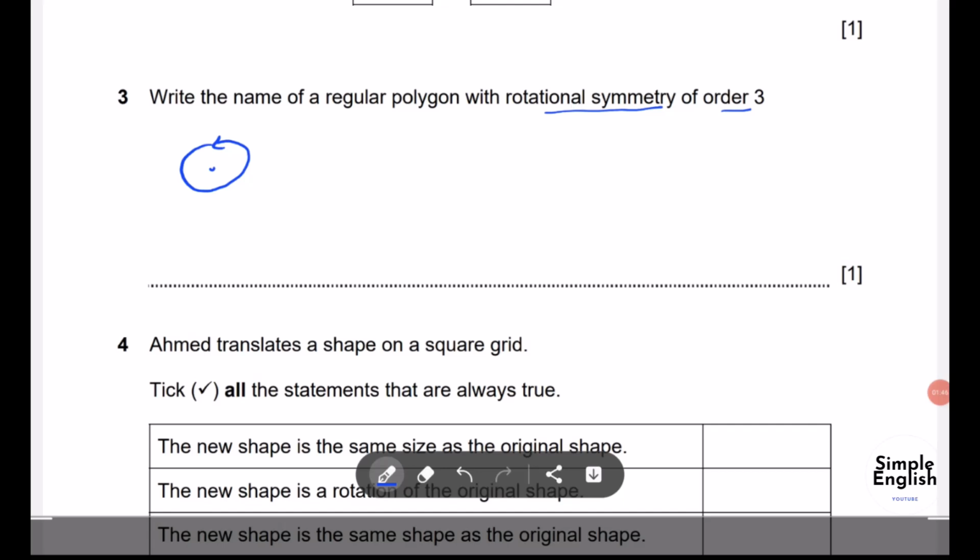That means when we rotate the regular polygon, we can see it 3 times, because the order of symmetry is 3. So that must be an equilateral triangle, right? Equilateral triangle.